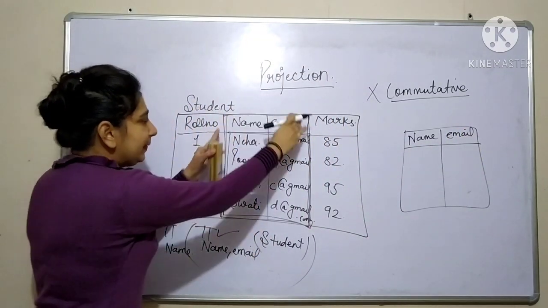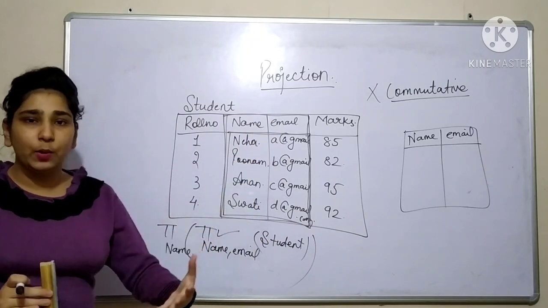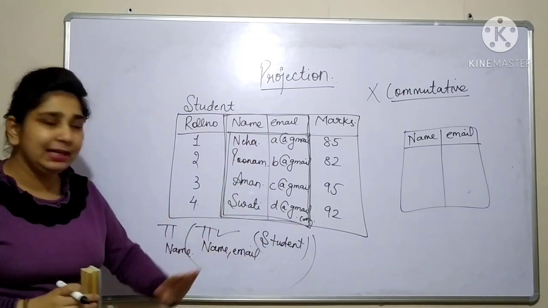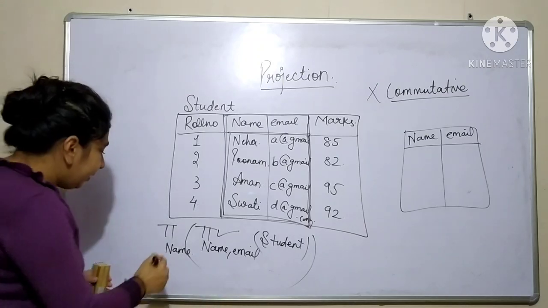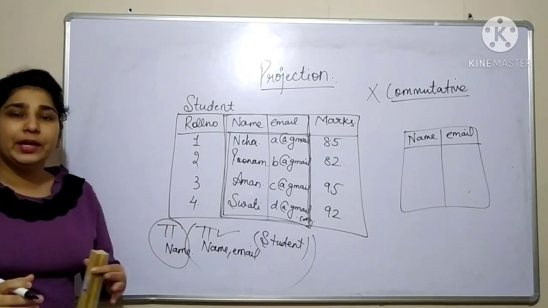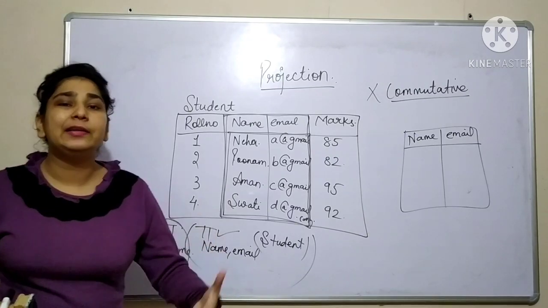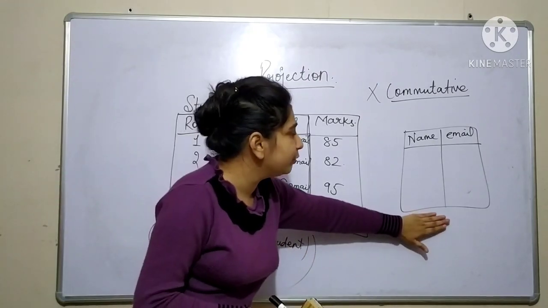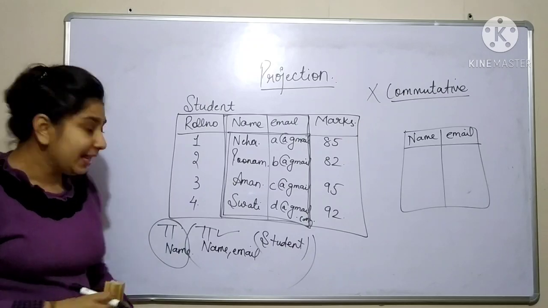This complete information is going to be my output till here. Now I am further doing a projection operation. I want to filter out some more attributes from this relation.